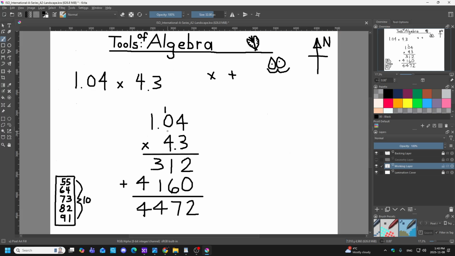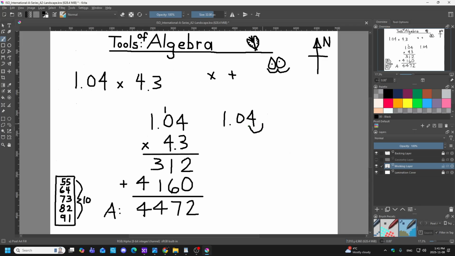Now, how do we figure out the decimals? That is easy. To figure out where the decimal goes on our answer, this is how you do it. I call it upside down leapfrogging. It's funny because who leapfrogs upside down? That's silly. All right, we begin on the right side of our number.